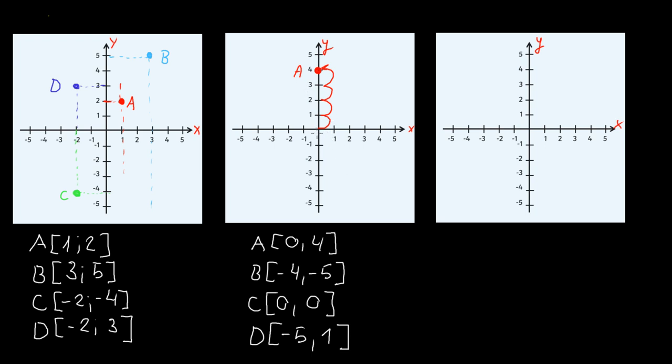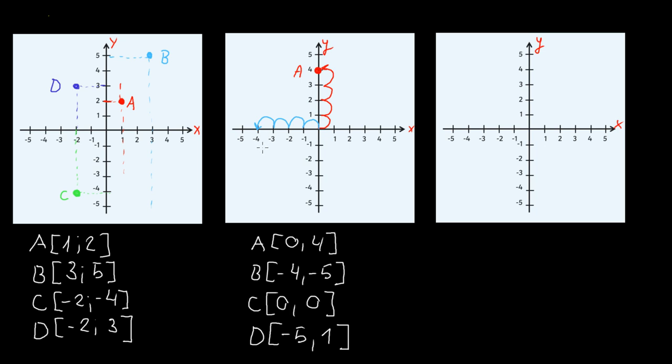Let's go to B. Now, for B, we have to go -4, which means 4 steps in the left direction, or in the negative x direction. So now we're going to jump 4 times. 1, 2, 3, 4 times. I'm just explaining it in a different way.